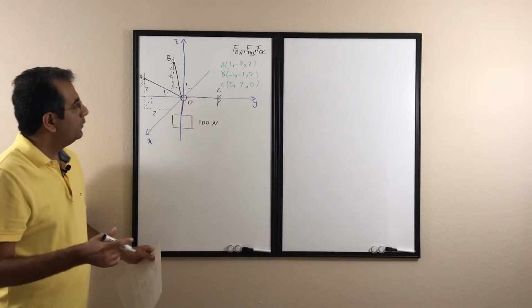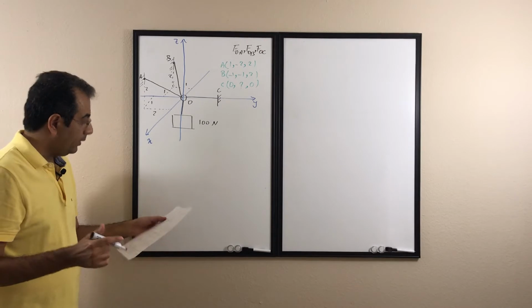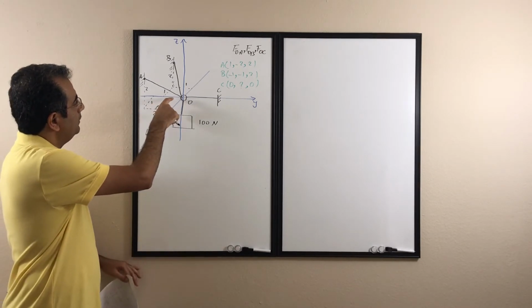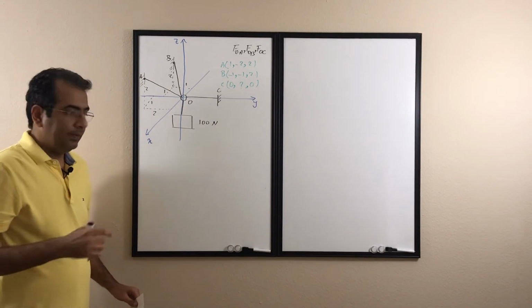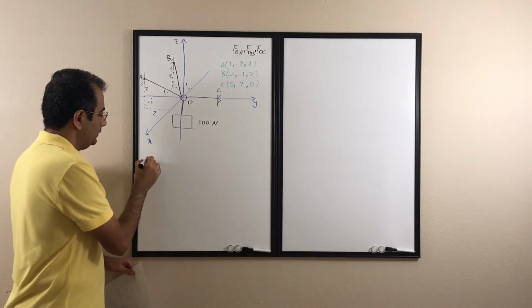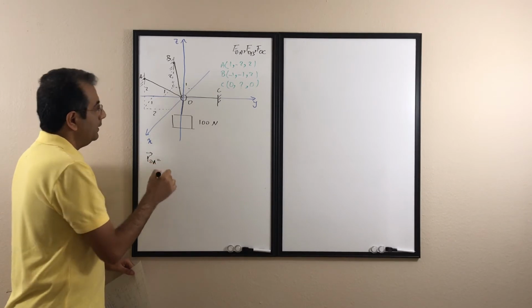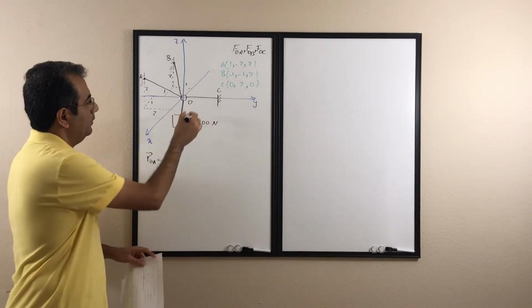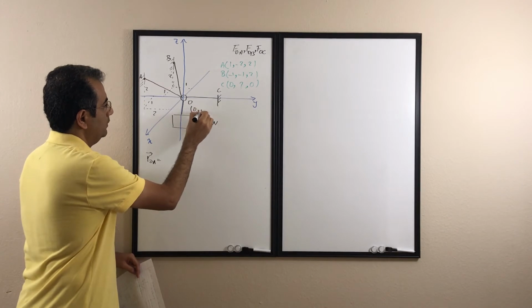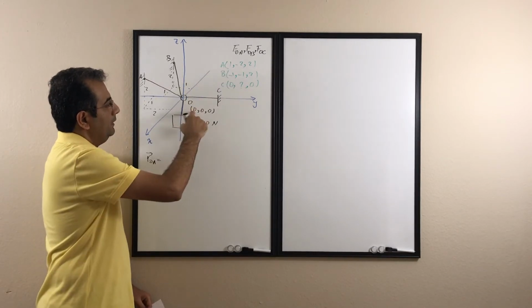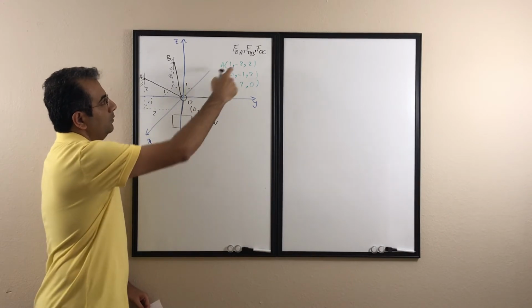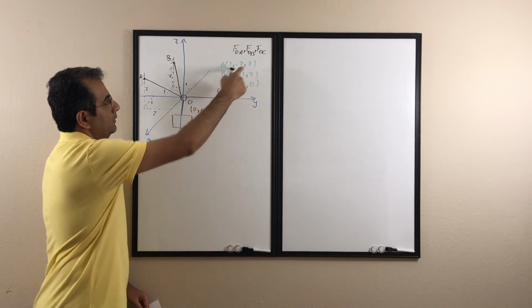So we want to start to find those three forces. The very first thing that we need to find out is the position vector for OA and OB. If you remember, the position vector for OA, with O at 0, 0, 0, is XA minus XO, YA minus YO, and ZA minus ZO.